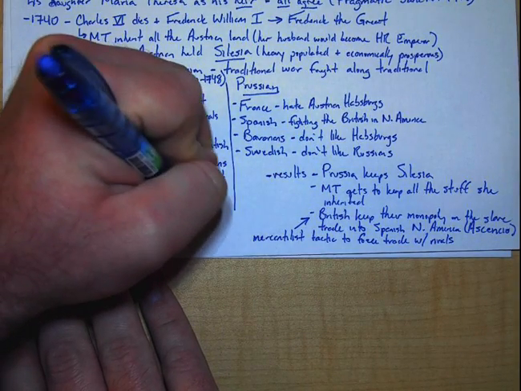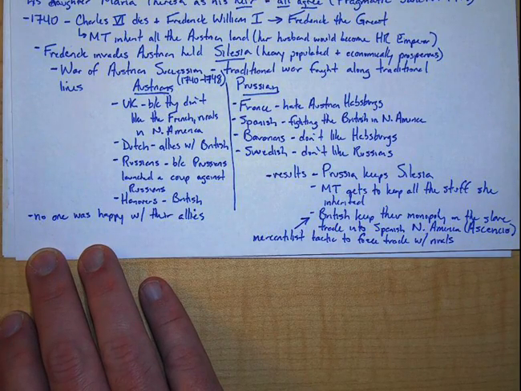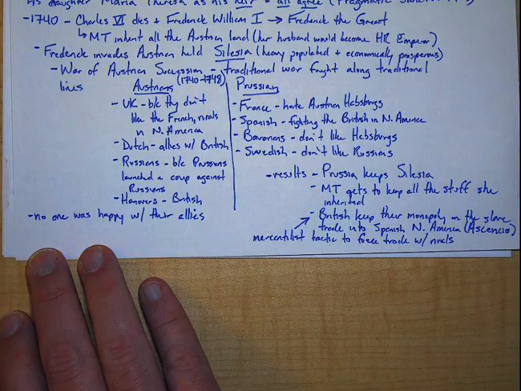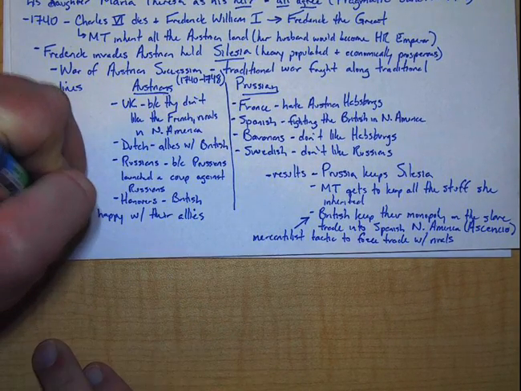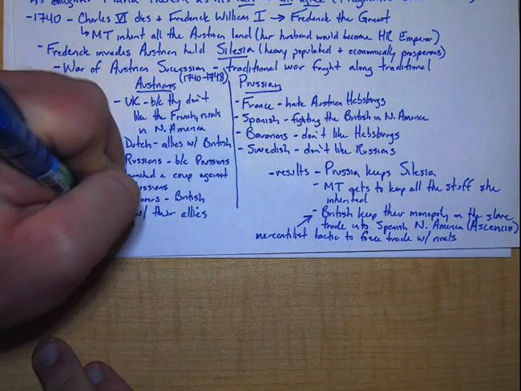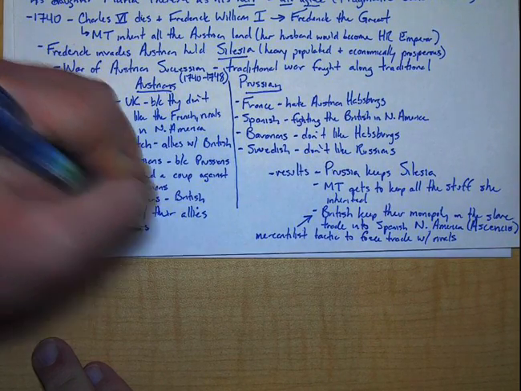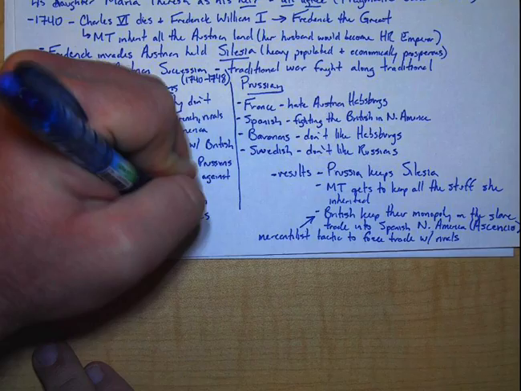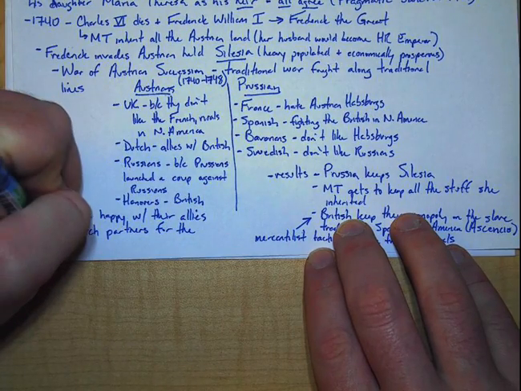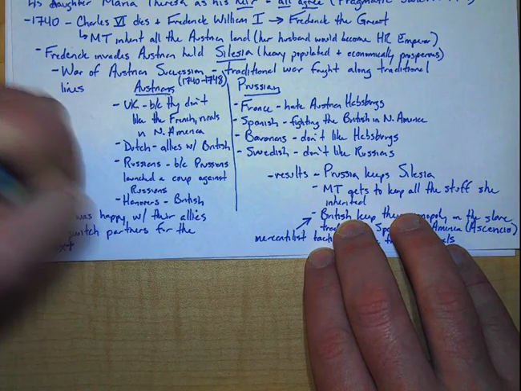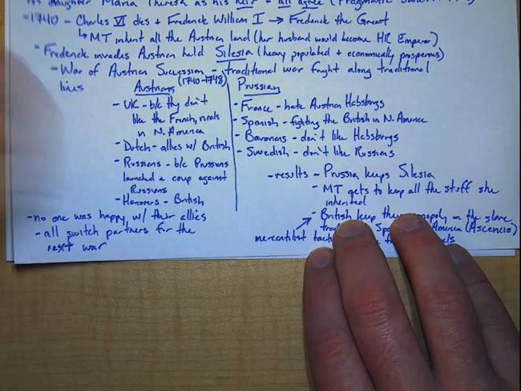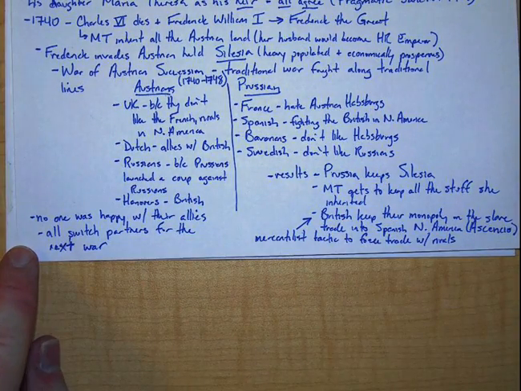They all felt like their allies were the ones that lost the war. No one was happy with their allies, so we're going to all switch partners for the next war. Which is where we will start our next video.